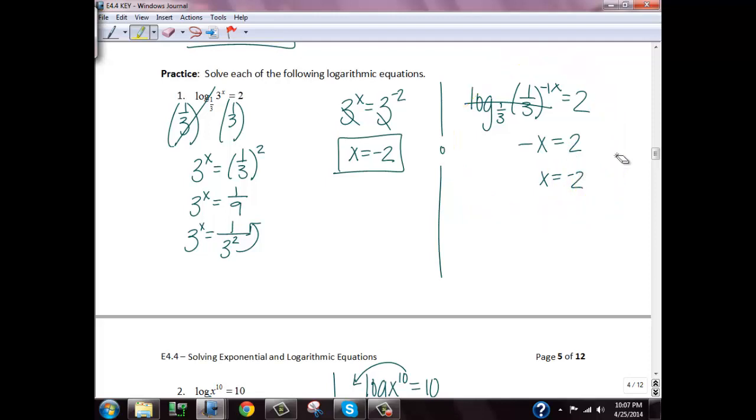If you didn't see that right away, which most of you didn't, to get rid of log base 1/3, we move our equation up into the exponent using exponential base 1/3. And then our 1/3 and our log base 1/3 cancel, which leaves us with 3 to the x equals 1/3 squared. Now 1/3 squared is 1/9.